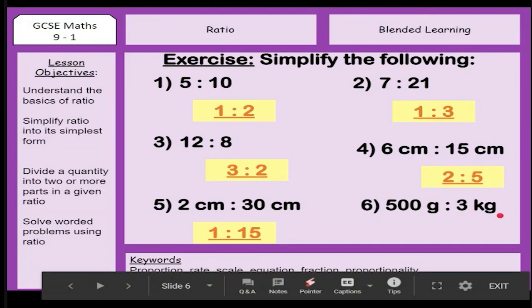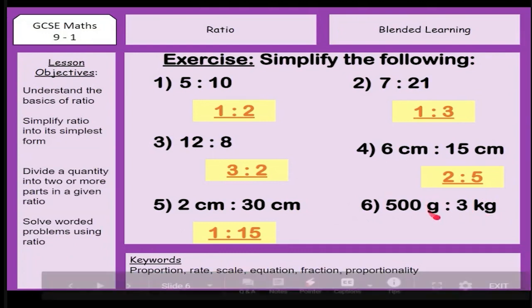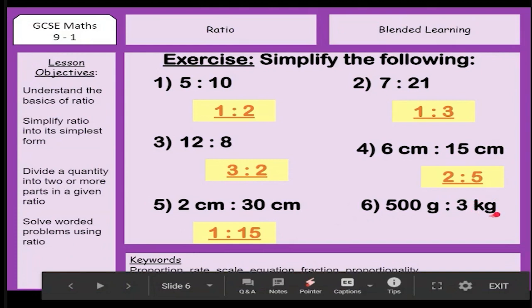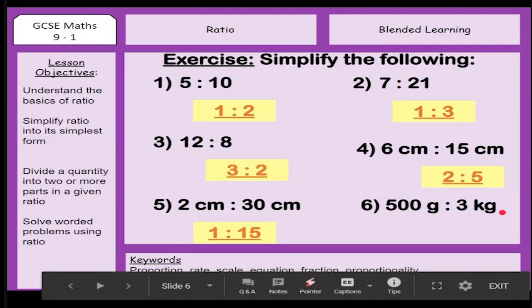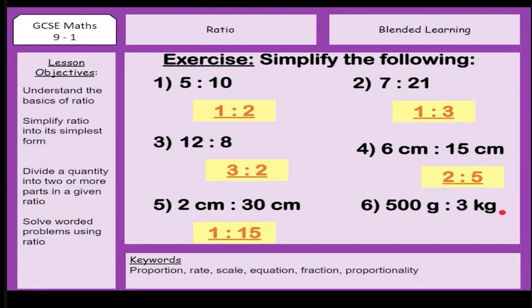Even though they're still weight, we've got grams in this one, we've got kilograms in this one. We need to make them the same common measurement. So we need to think, how many grams are there in 1 kilogram? Well, there are 1,000 grams in a kilogram.